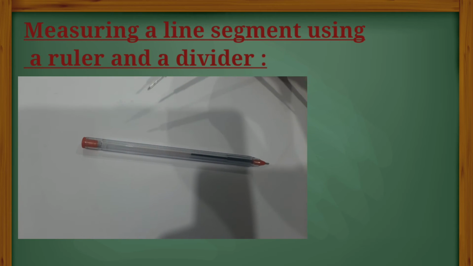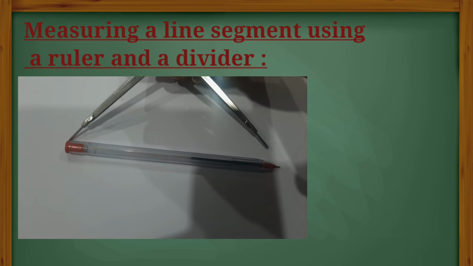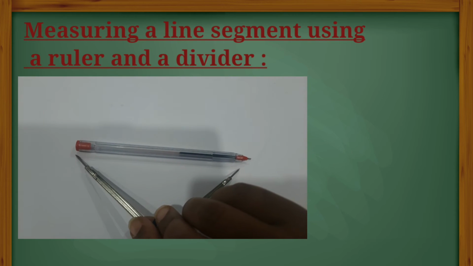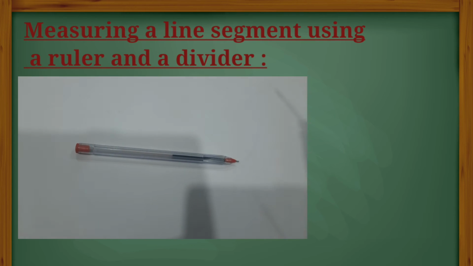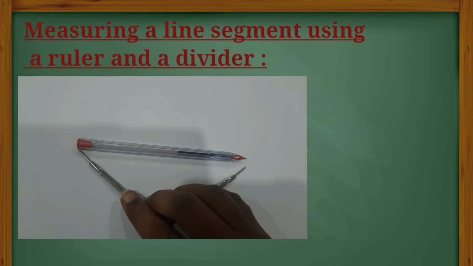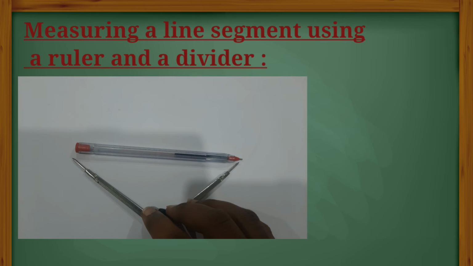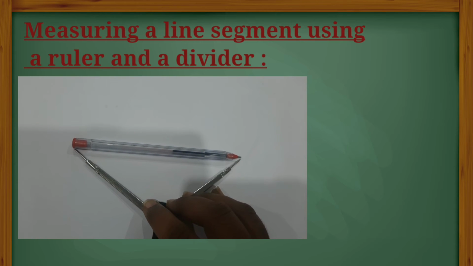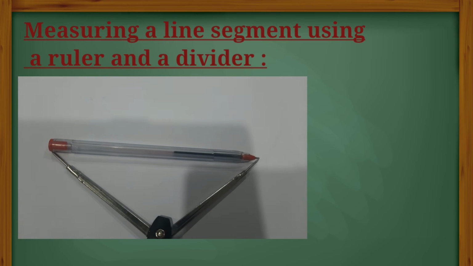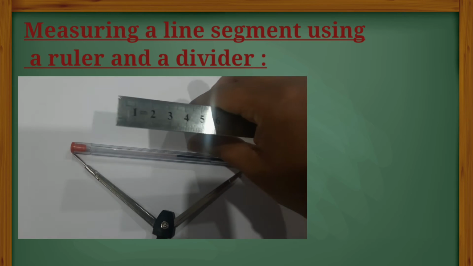The arms should point exactly to the two ends of the pen. Now, lift the divider carefully without disturbing the opening of the divider and place it on the ruler.